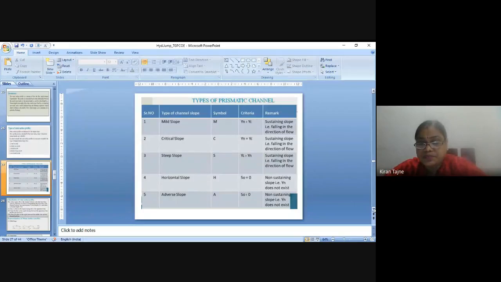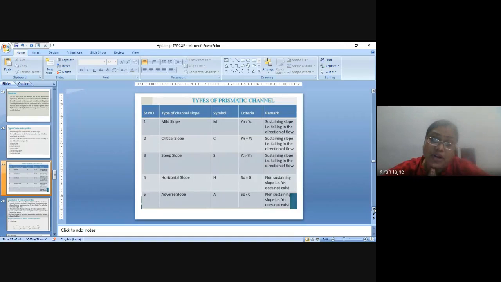Prediction of this yn is very difficult, so we cannot get the relationship between yn and yc. Here yn is infinite. Therefore, it is written that it is a non-sustaining slope; yn does not exist, or it may be infinite.